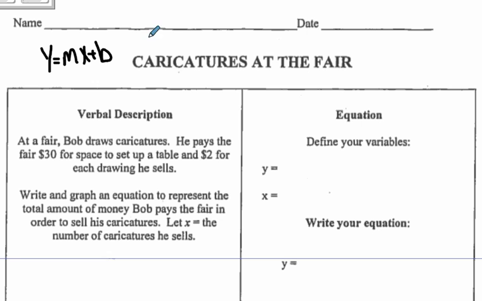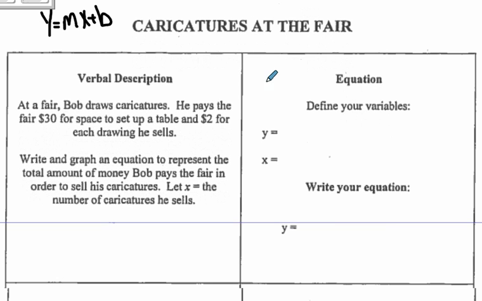Okay, so over here, this is where this box is going to help us set up our equation. All right, so the first thing we need to do is define our variables y and x. Well, lucky for us, it tells us what x is. That's the number of caricatures that Bob sells.